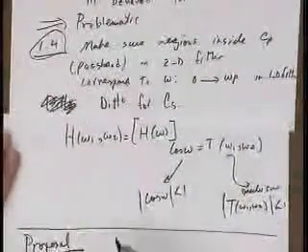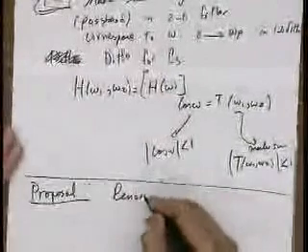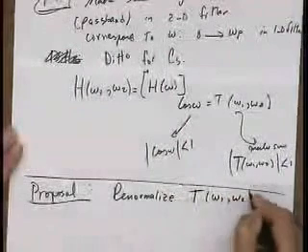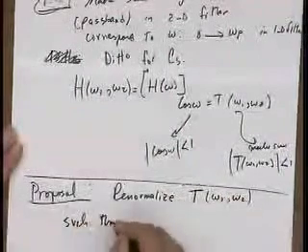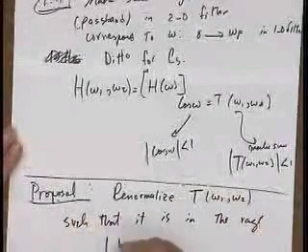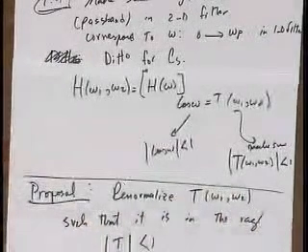And so how do we get around this problem? Here's my proposal to fix this problem. Renormalize t such that it is in between range +1 and -1. See, renormalize t of omega 1 and omega 2 such that it is in the range magnitude of t smaller than 1.